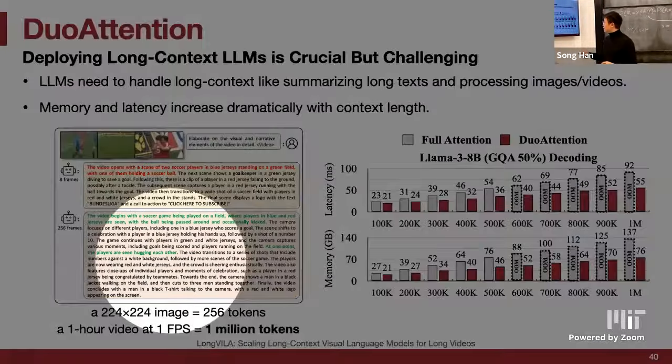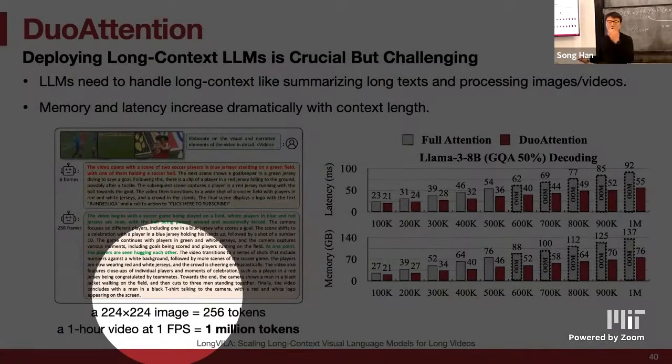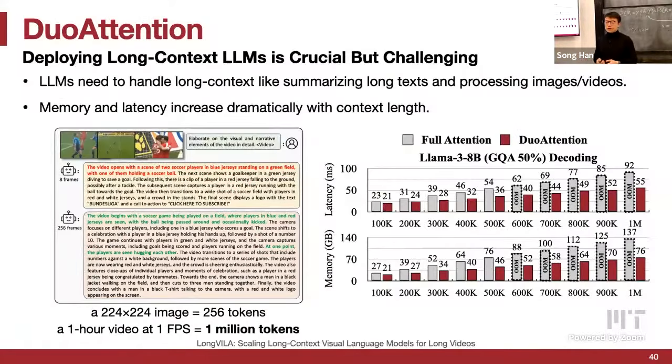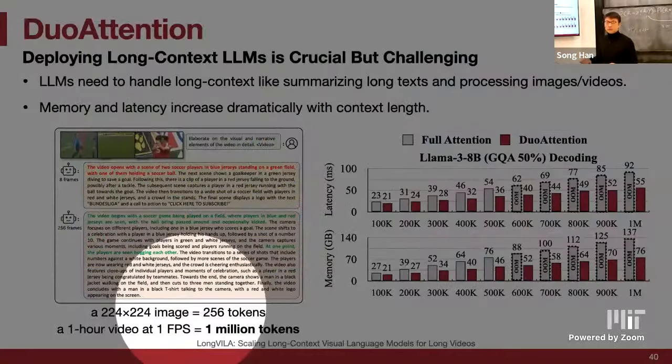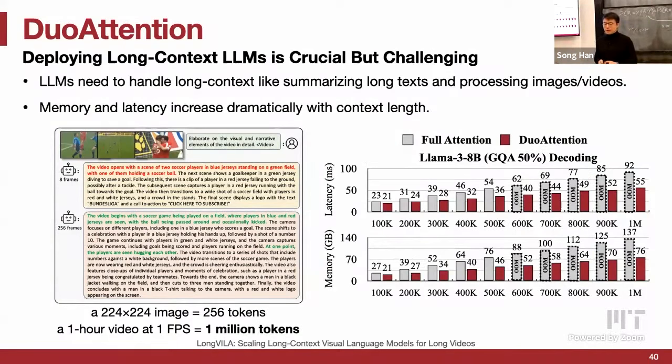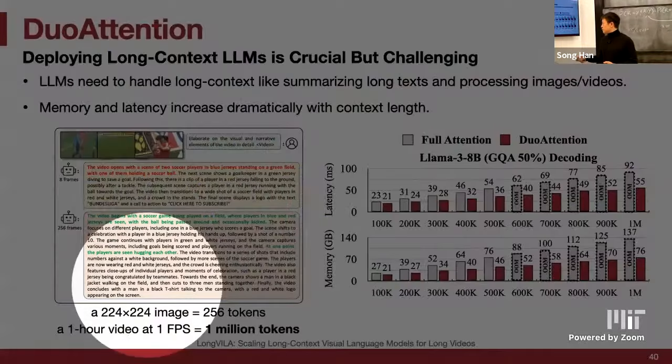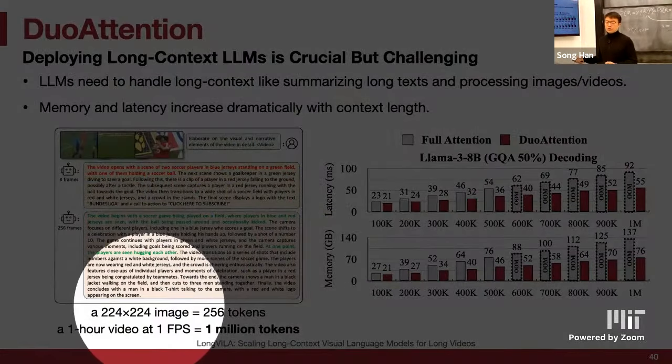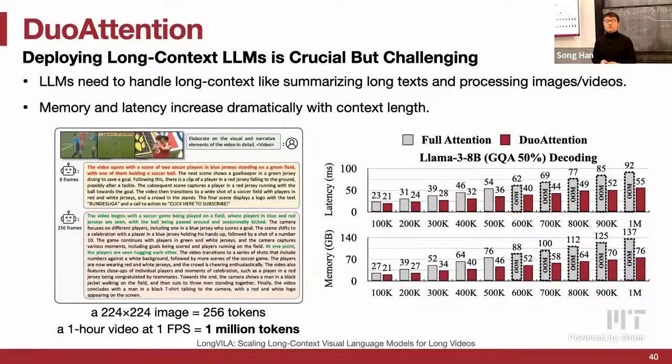For example, one input image, 224 by 224. Nowadays, we can convert it to 256 tokens using CLIP or SigLIP. Using that, a 1-hour long video sampled at 1 frame per second equals roughly 1 million tokens.